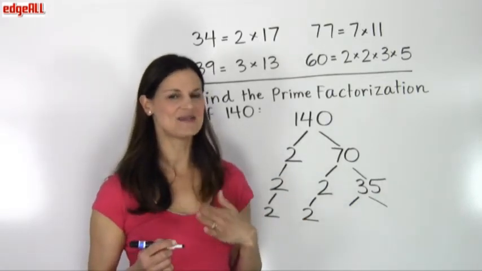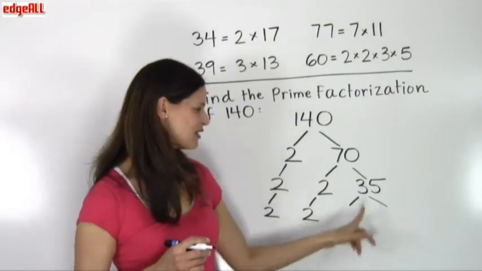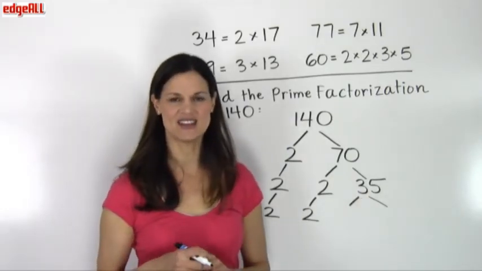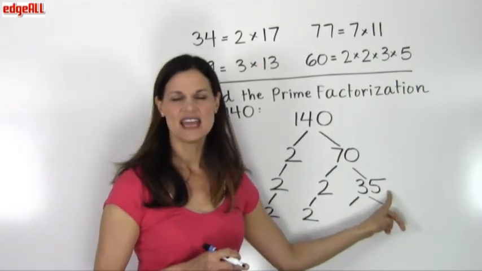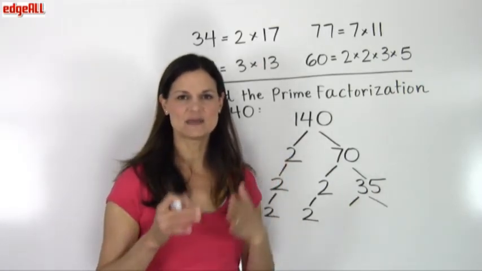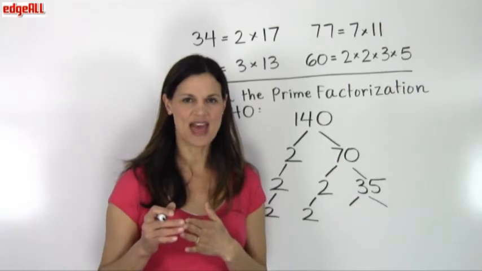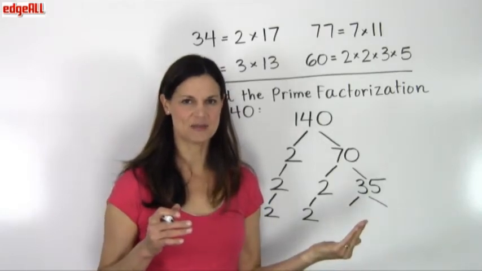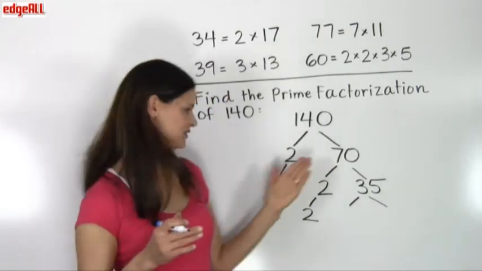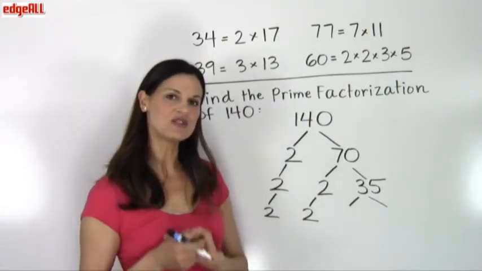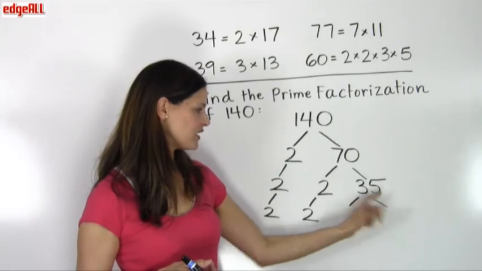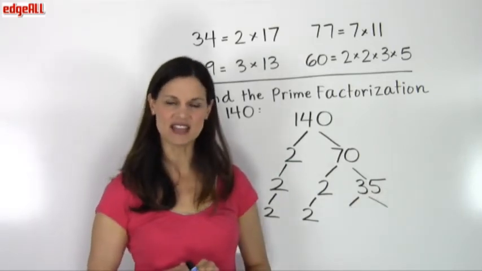I know it doesn't divide by 2 evenly either because 35 is not an even number. So what I'm doing here when I think about this 35 is I want to find the smallest prime number that is a factor of 35. The smallest prime number, as we've talked about before, is 2, but I can rule out 2 as a factor of 35 because 35 is not even.